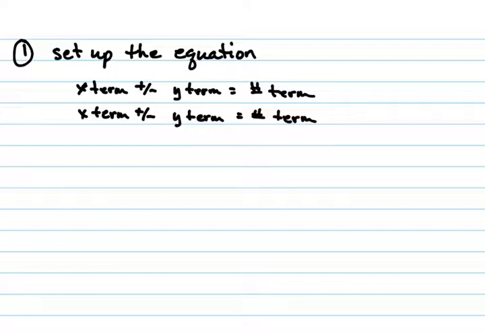Most of the time it's going to be lined up for you, because it is a set of simultaneous equations, but if you have to move things around, now at least you know how to set it up, right? You just want like terms on top of like terms. In order to eliminate, we must have opposites.